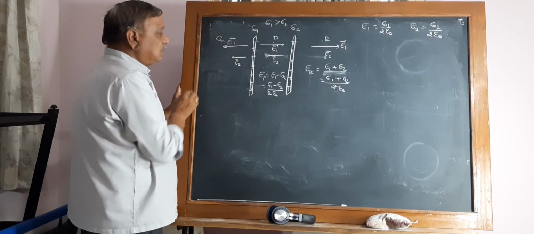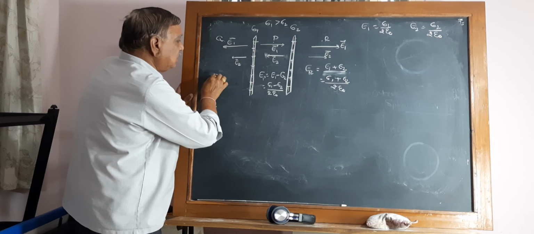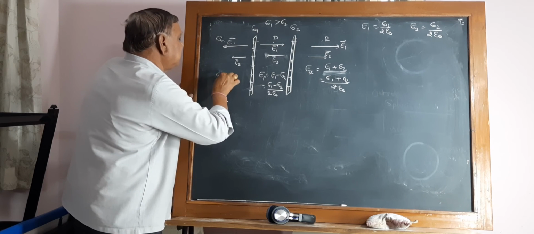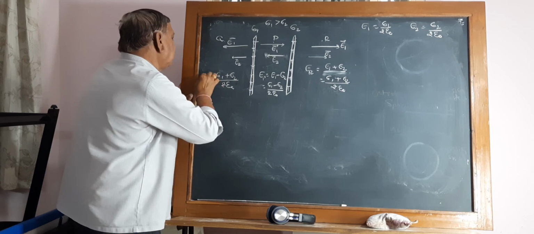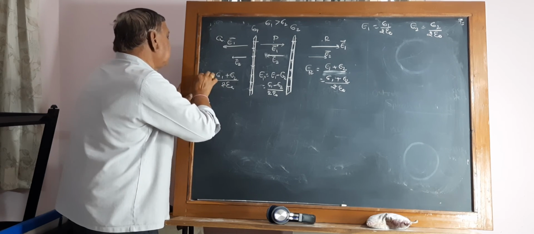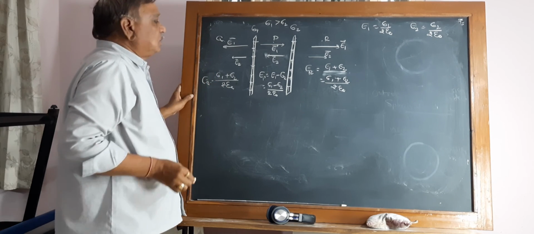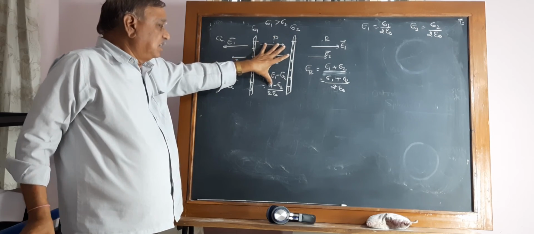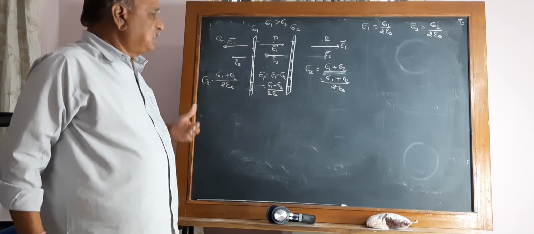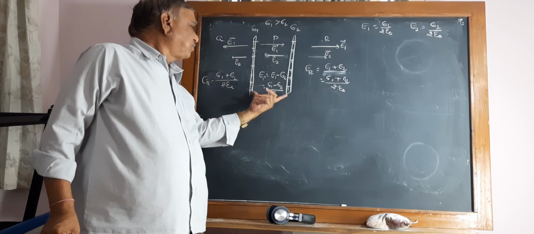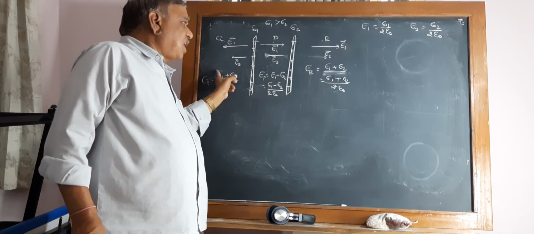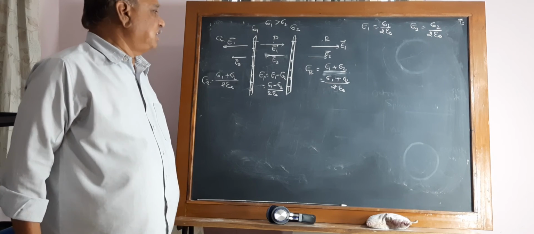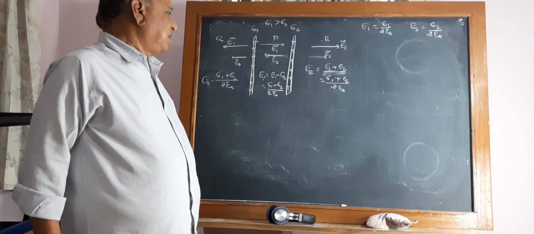Also on the opposite side, same direction, so it is sigma 1 plus sigma 2 by 2 epsilon 0. So in the in-between region, as they are opposite, they are subtracted; outside the region they are added.